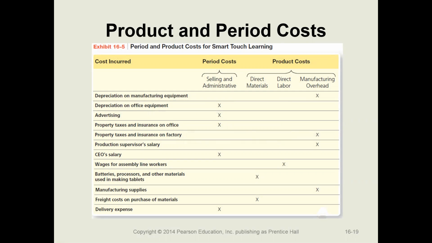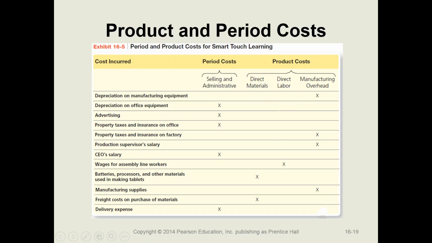Here's a chart that lists different kinds of costs and whether those costs are period costs or product costs. You can generally think of product costs as direct materials, direct labor, manufacturing overhead. So all the costs associated with making of the product.